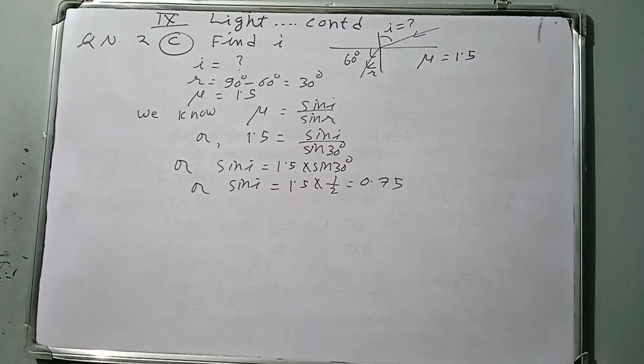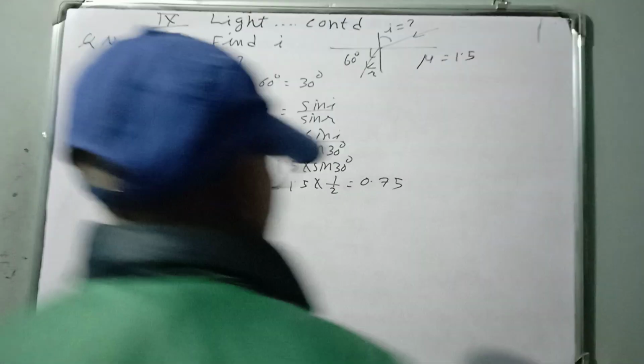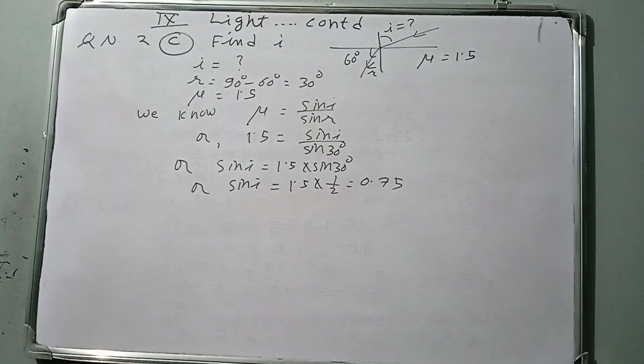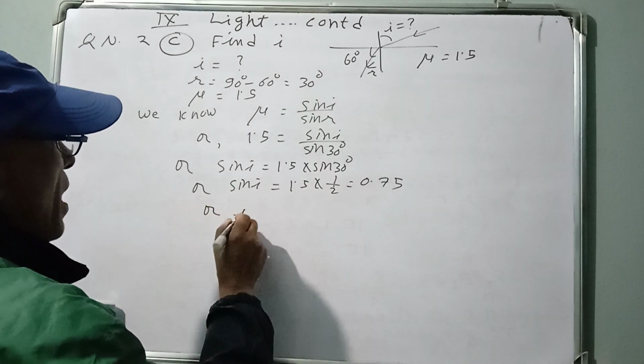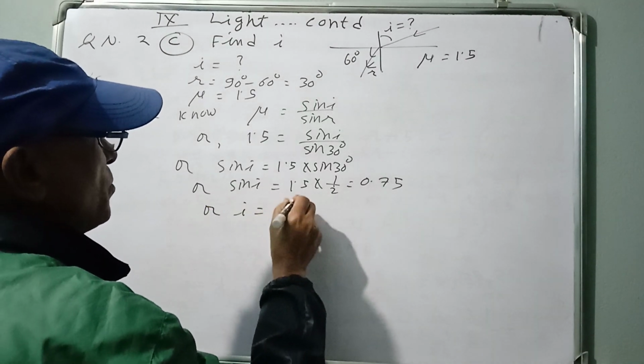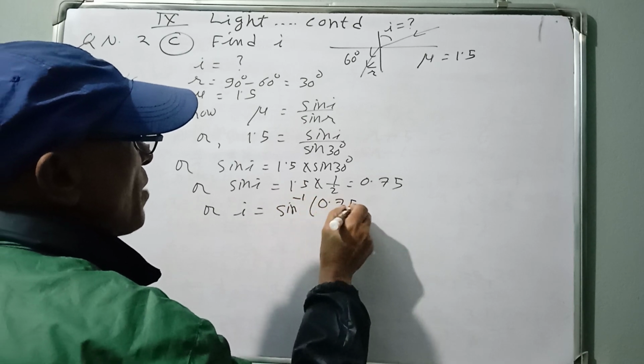Then what to do? Sin I equals 0.75. Here you have to use a calculator, or I equals sin inverse 0.75.